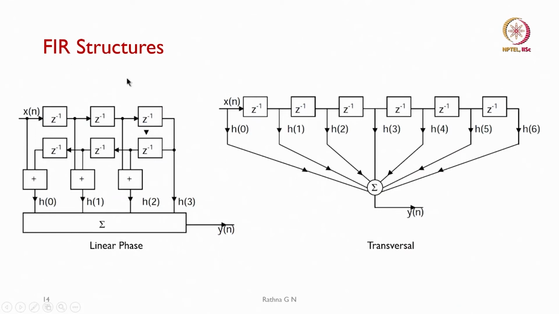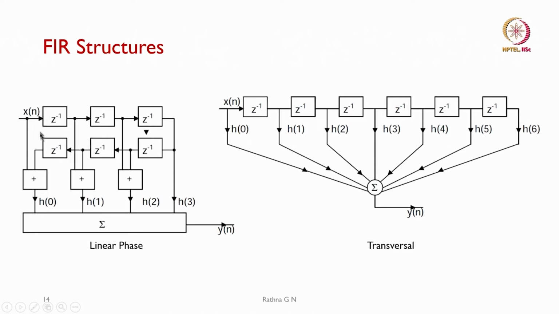A few FIR structures you will be seeing; this one gives our linear phase. As we said, it is symmetric or antisymmetric, whichever we take. Here this is h of 0, that is x of n, and then x of what is the delay here you are going to get: 1, 2, 3, 4, 5 and then 6.